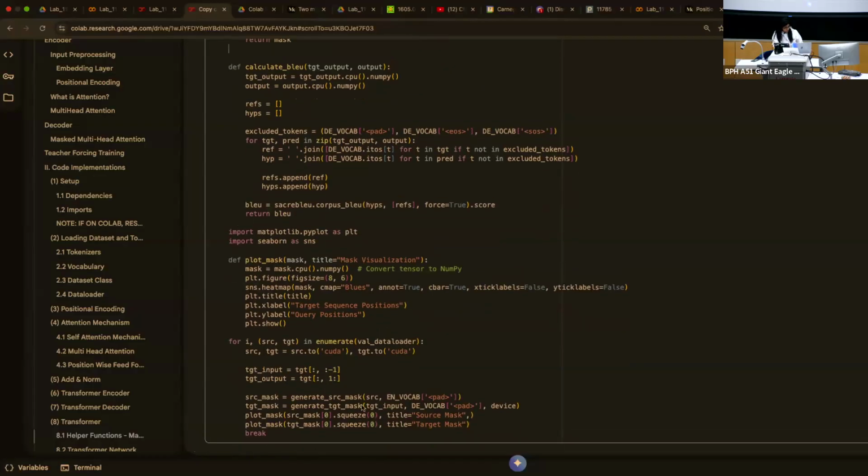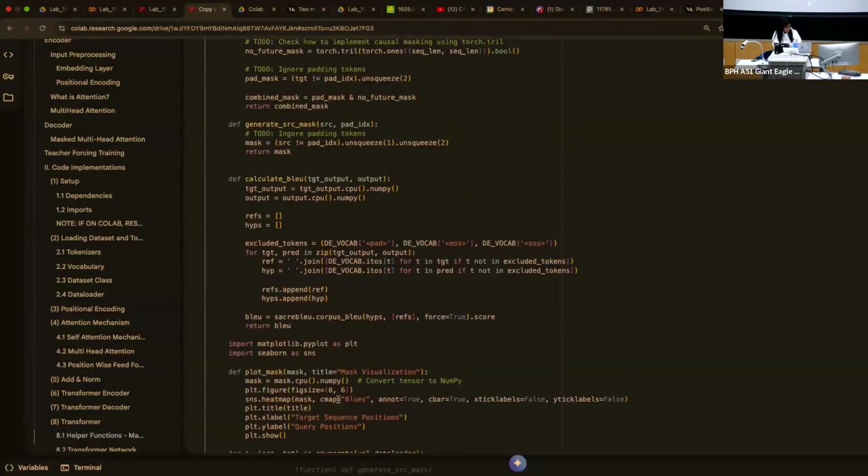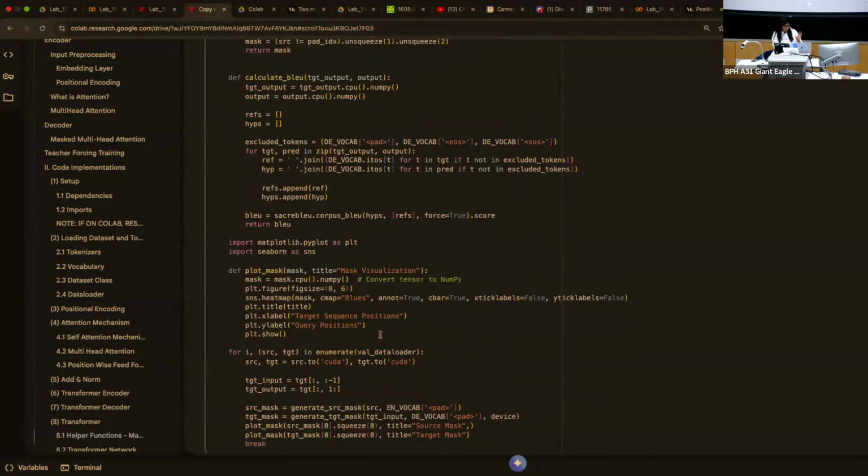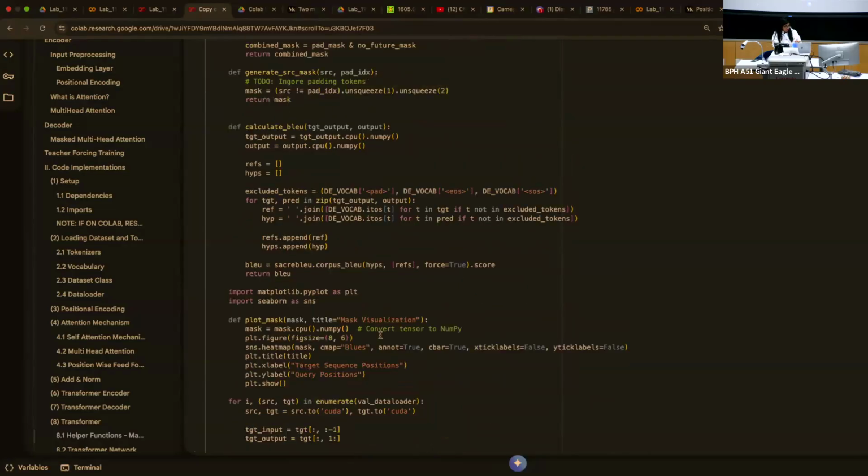Okay, so when you run the completed notebook, you'll be able to see the exact mask that you created here. Here I have.